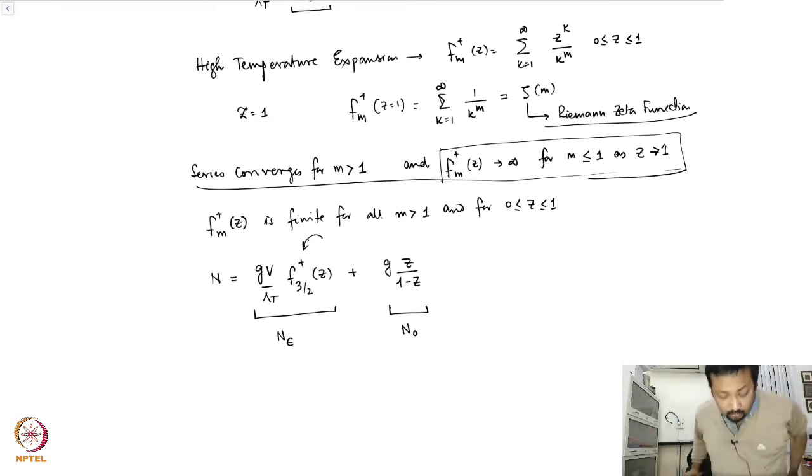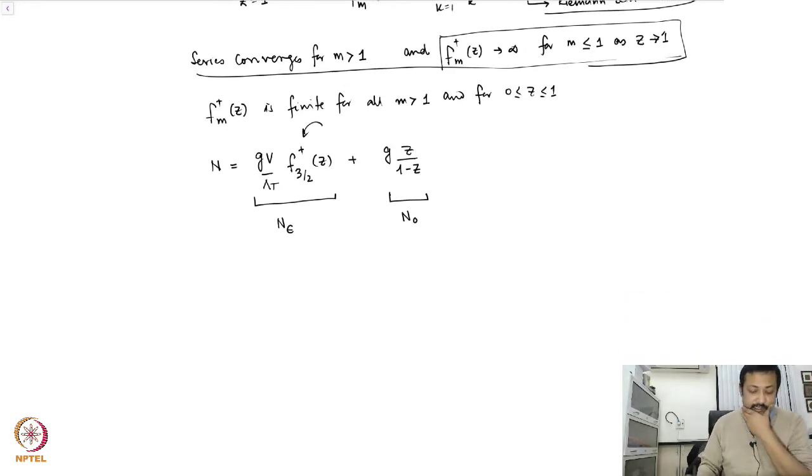But now we have clearly seen that this term is limited by this function, right? And for a Bose gas, I know there is a limit on values of z, that is z must be greater than or equal to 0 and less than or equal to 1.